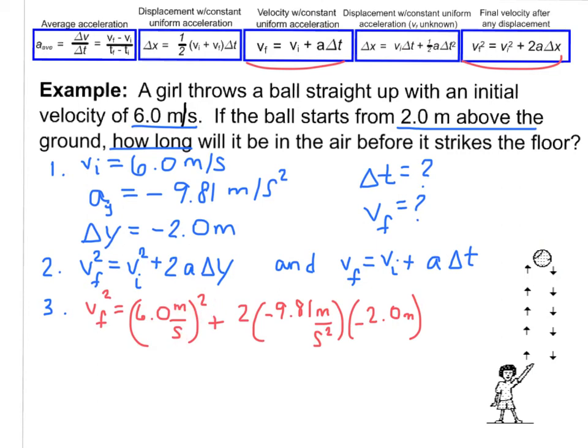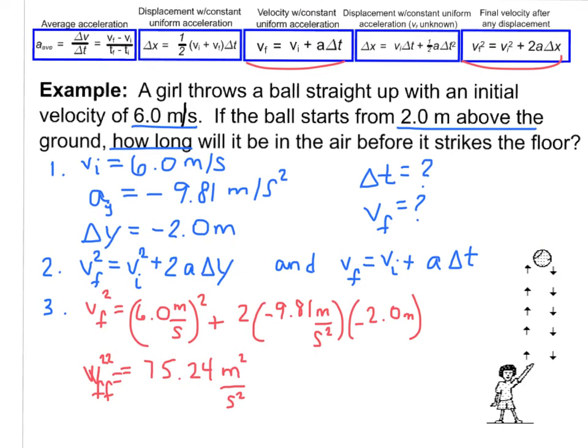So I'm going to go ahead and work that math out. 6 squared would be 36 meters squared per second squared, and when I multiply these out as well, I get another term. I add this term to this term, and you should be able to get 75.24 meters squared per second squared.